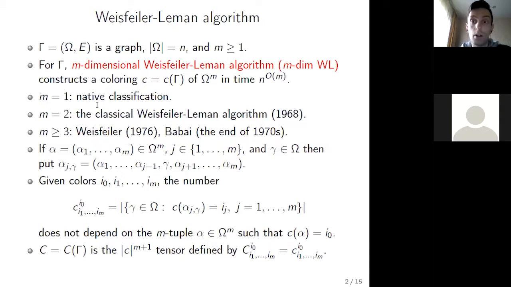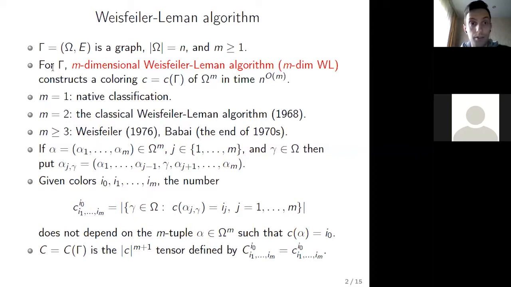In this talk, we deal with its generalization, the so-called m-dimensional Weisfeiler-Leman algorithm. I will not describe the exact procedure of this algorithm because, on the one hand, it is not so crucial for our goals today. But on the other hand, I think we need much more time to describe this procedure in all details. But what does this algorithm do?